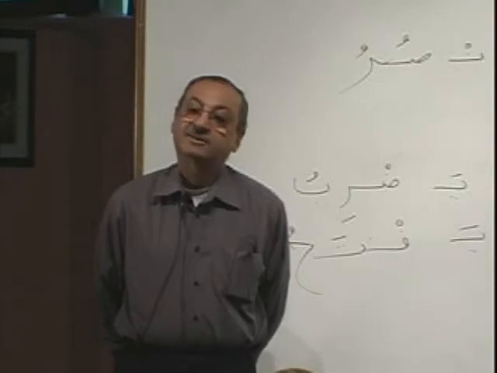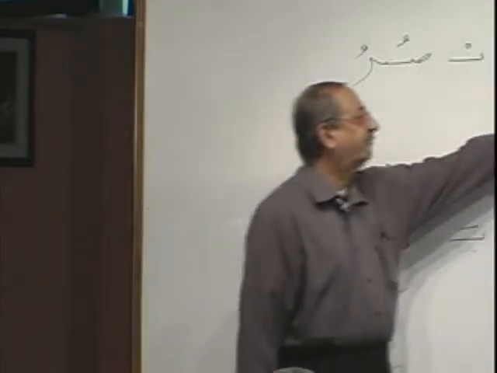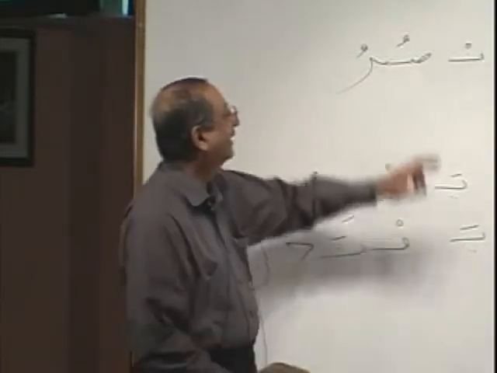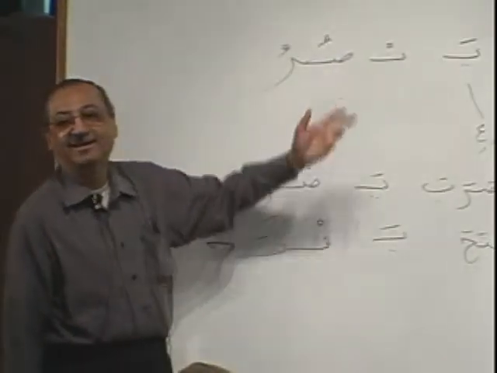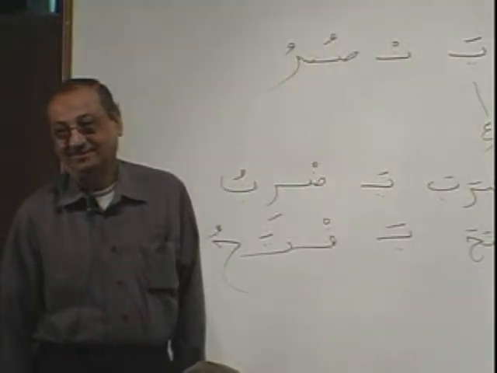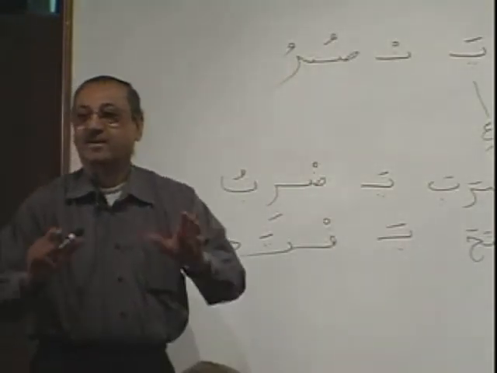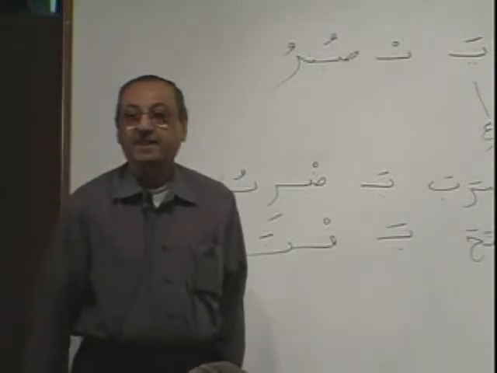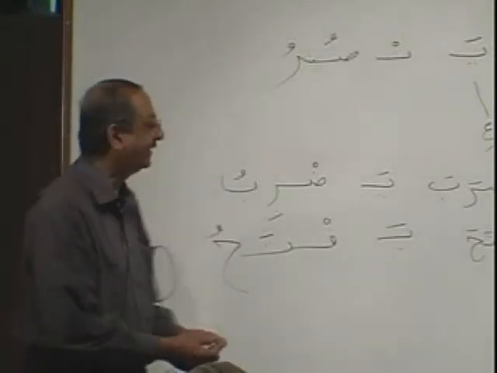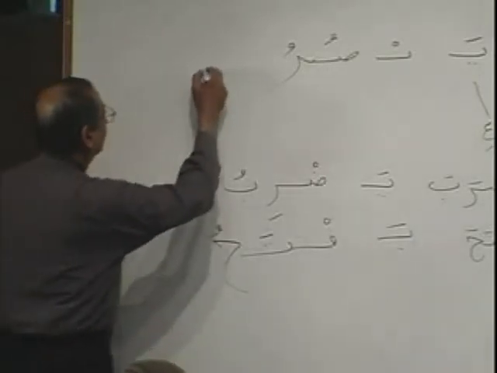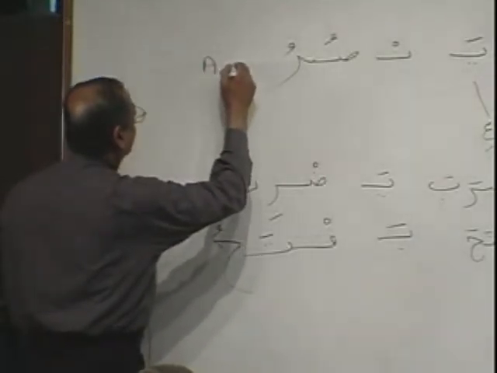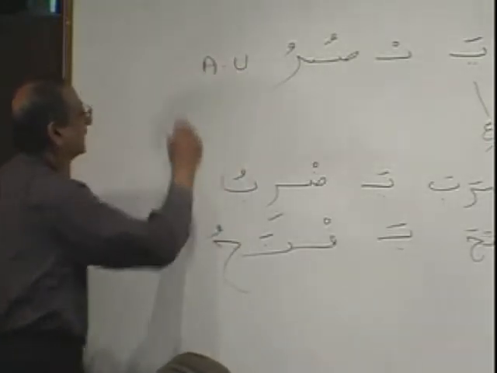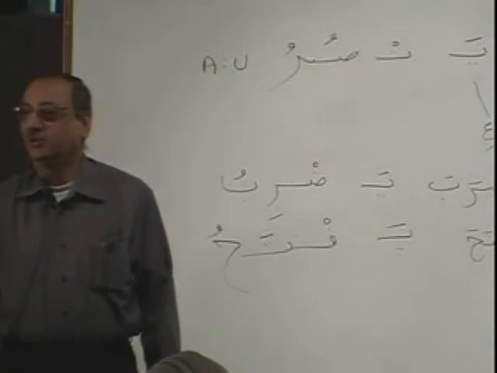What happens in Bab Nasara, Sister Faiza? That the Ain Kalima which has got a Fatah, Ain Kalima gets a Dhamma. Okay? So this pattern, the scholars have said, it is Bab Nasara. In English, you can say like this, brothers and sisters. What is it? A-U.